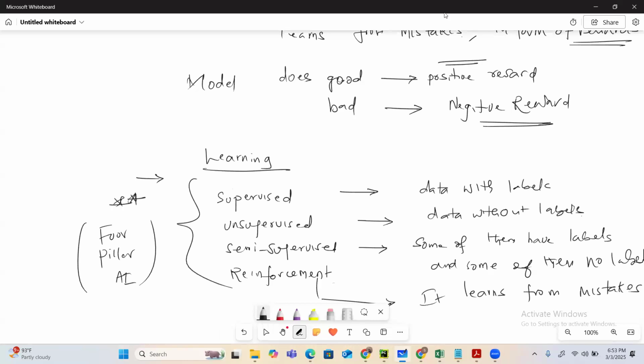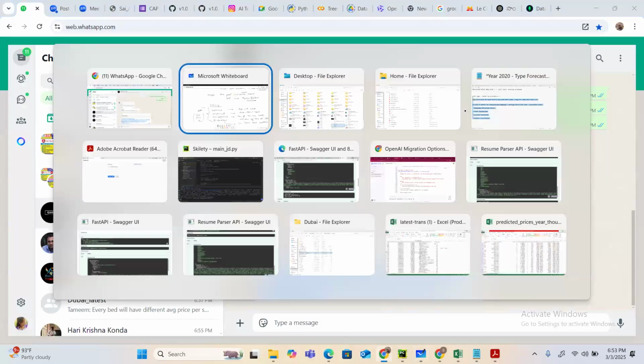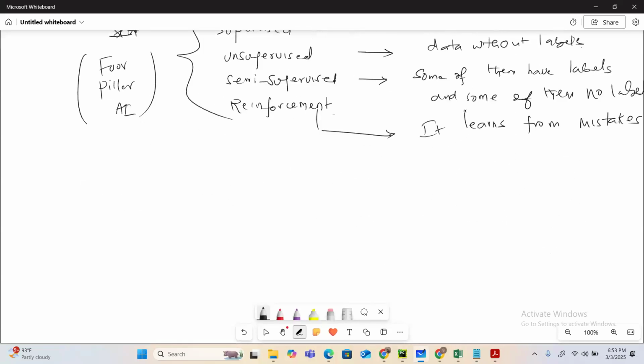Guys, clear till this point? Type 1 in the chat window. Yes, sir. Clear, everyone? Okay.